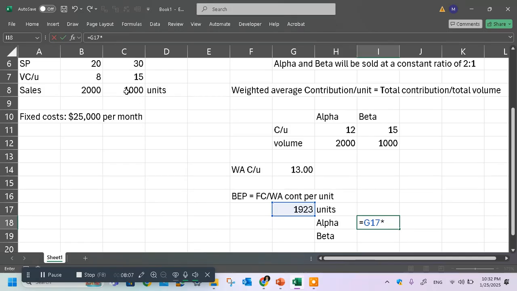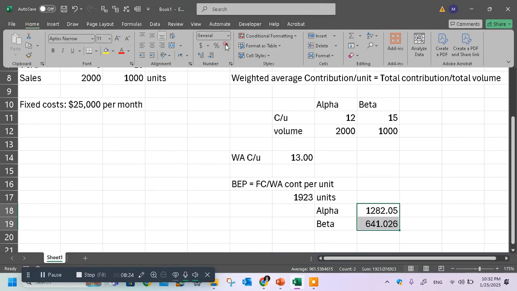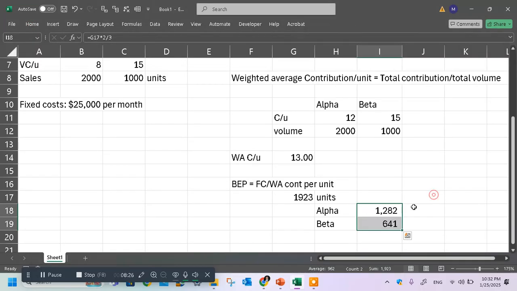Alpha 2, beta 1, a 2:1 ratio. So 2 divided by 3, and the other one is multiplied by 1 divided by 3. Just add up once again and see, are you getting 1,923? Yes.